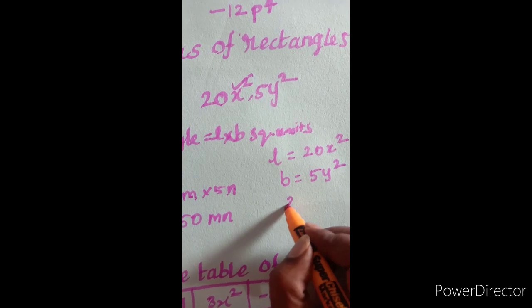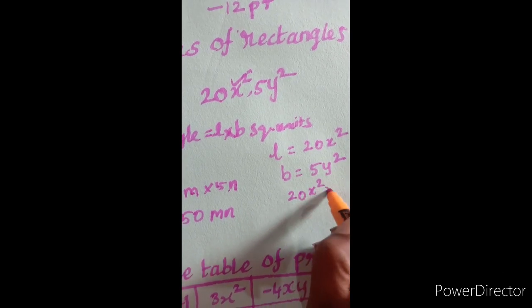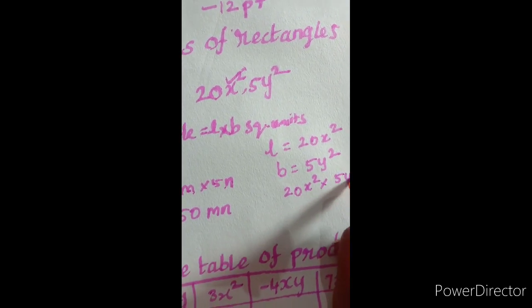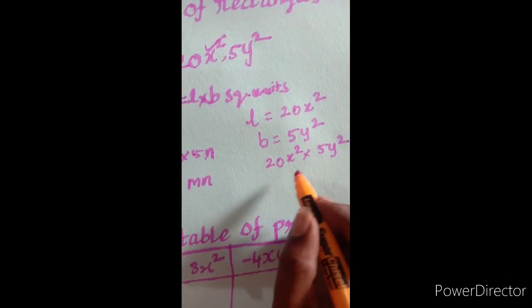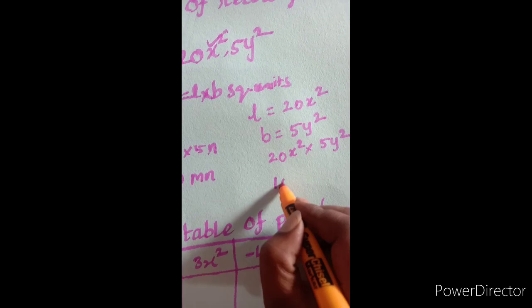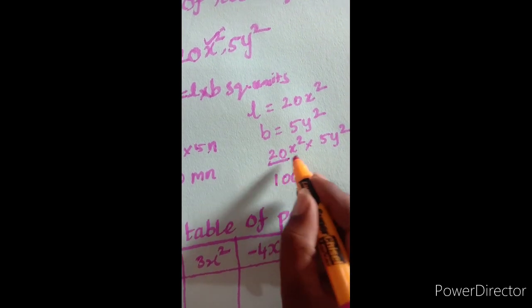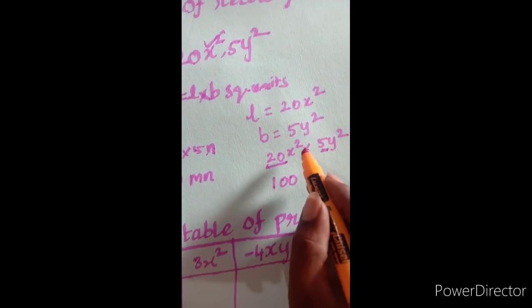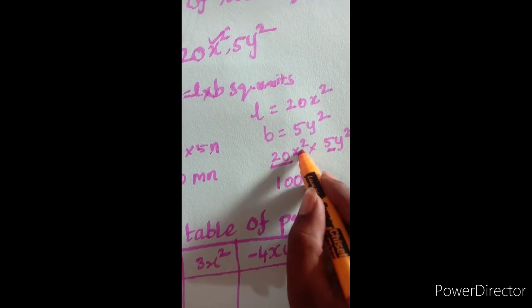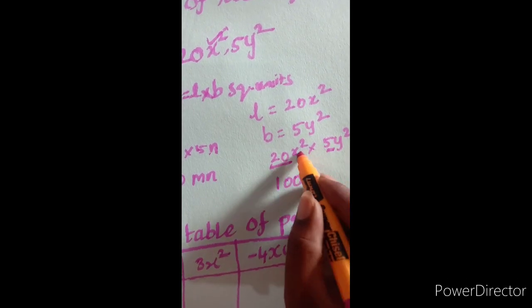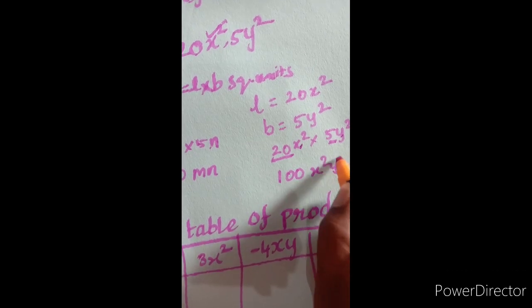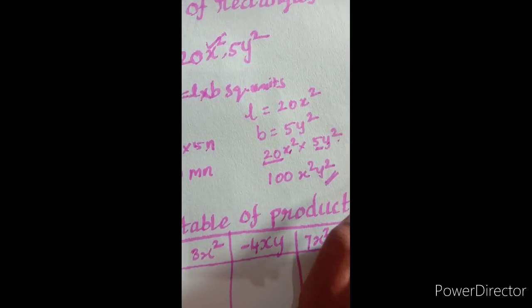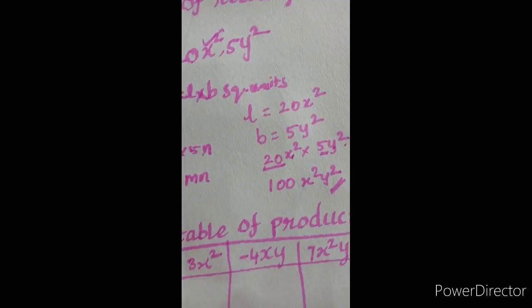You can multiply 20x squared into 5y squared. Numerical values you can multiply, 20 into 5, 100. The variables are different. Here x squared is there and y squared. So x squared into y squared is x squared y squared. Directly you can write the variables.